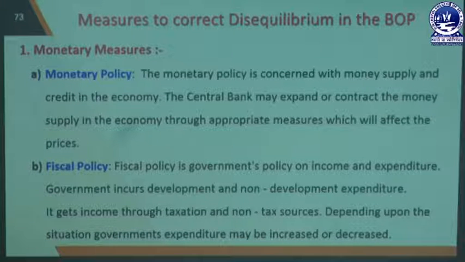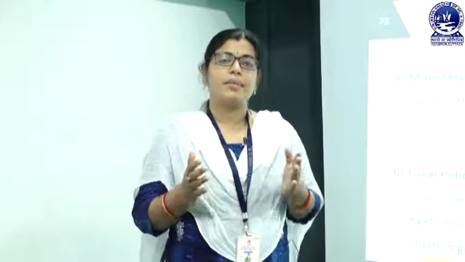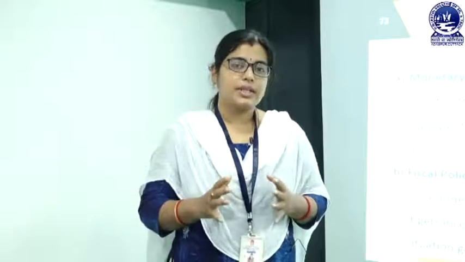The monetary policy is concerned with money supply and credit in the economy. So the central bank of a country decides the money supply and credit control in the economy. Through the monetary policy, a central bank may expand or contract the money supply in the economy to control the inflation rate and exchange rate, and which may maintain the monetary position in the country.